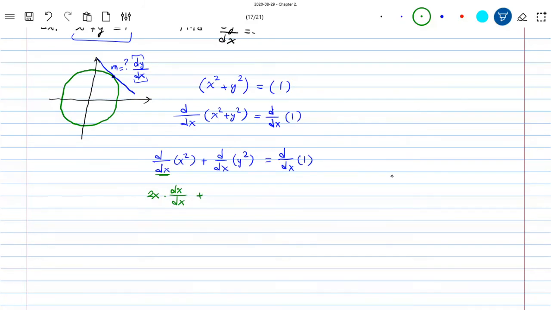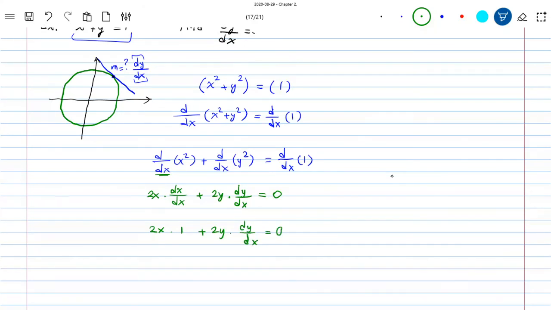Plus d of y squared over dx would be 2y, multiplied by the derivative of y with respect to x. On the other side, the derivative of 1 with respect to x, the derivative of a constant, is always 0. So what we have is 2x times 1, which doesn't really matter, plus 2y times dy over dx equals 0.